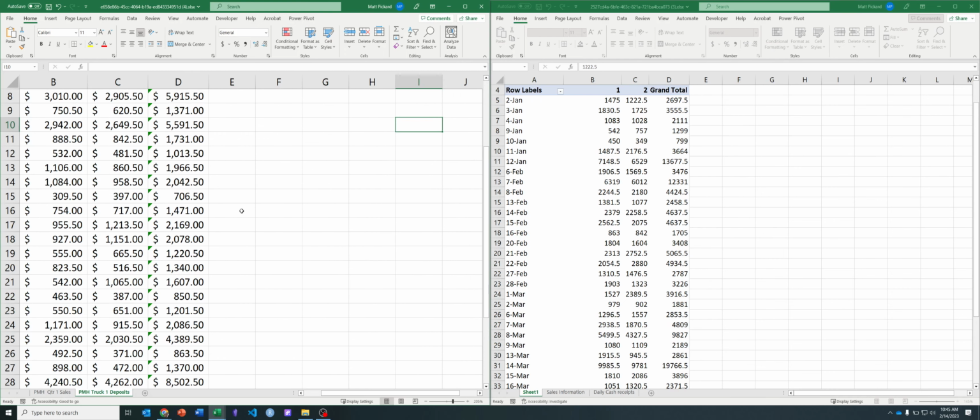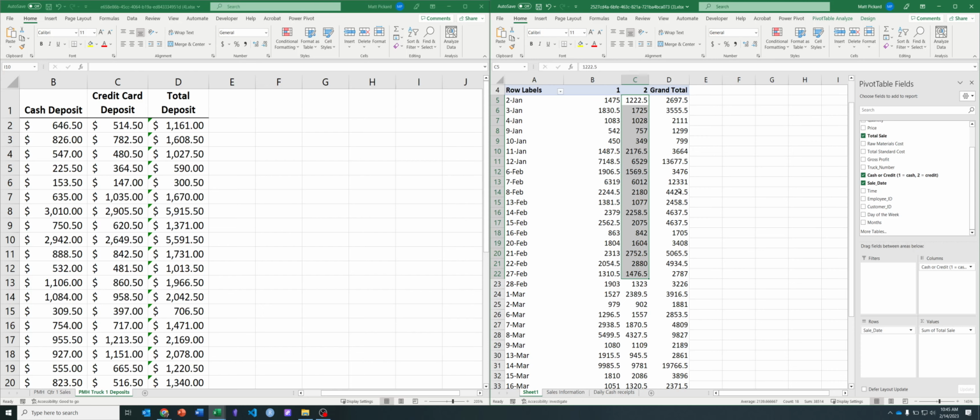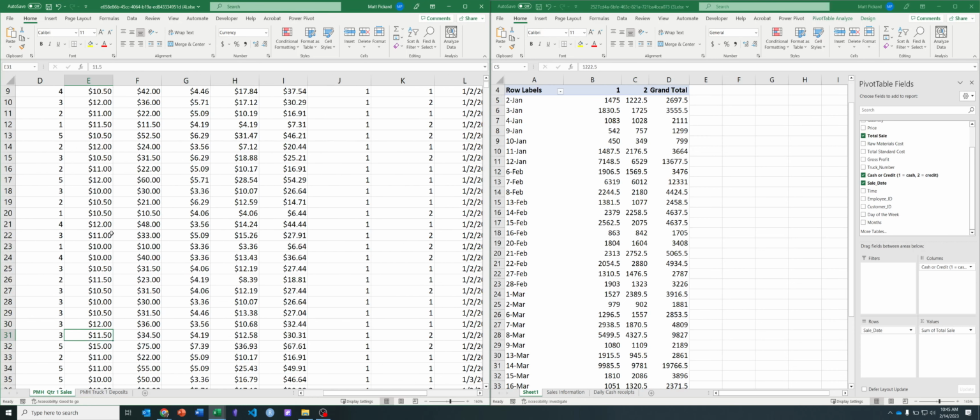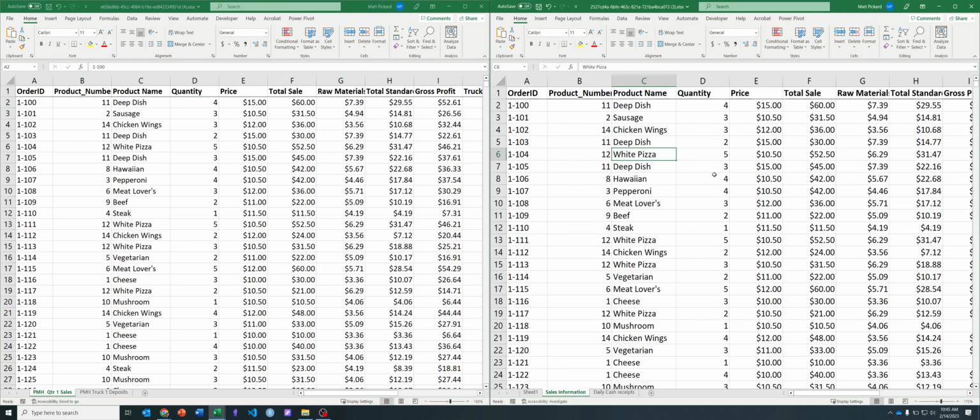On my left is our daily deposit data. On my right is our daily sales data. And you can see the raw data that they provide us in the deposits looks a lot like, in fact, I think it's exactly like the sales information. So I think they meant to give us something else. If we scroll across, we don't actually see any deposit columns.